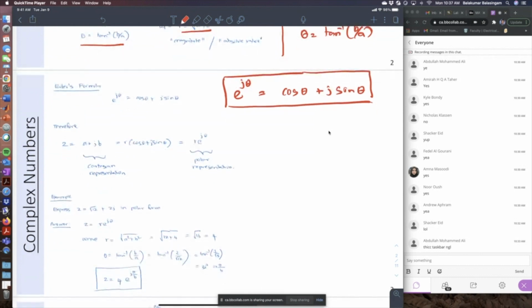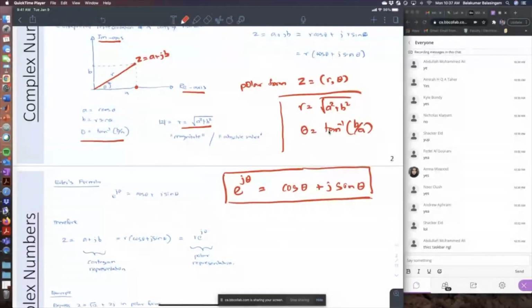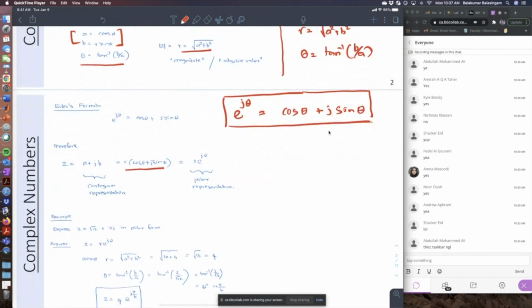So s is a plus jb, and here a is r cos theta, and b is r sine theta. We saw that here. So we can write r cos theta plus j sine theta, so r times e to the power j theta.